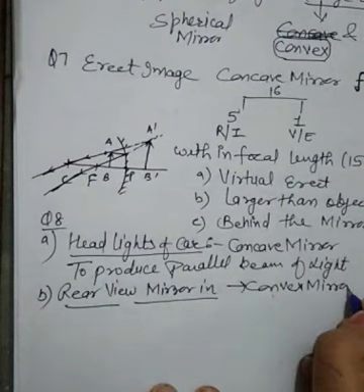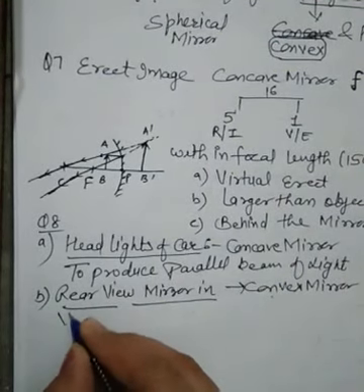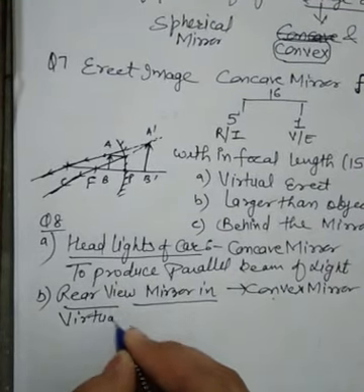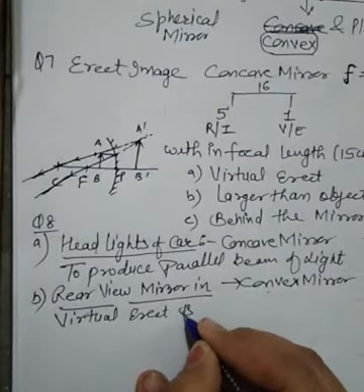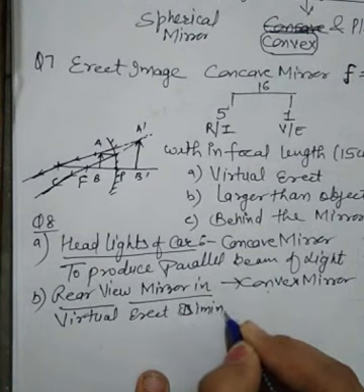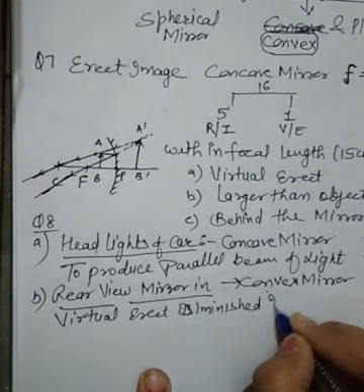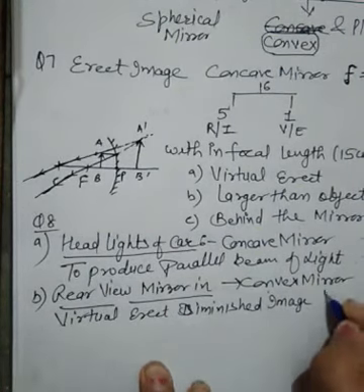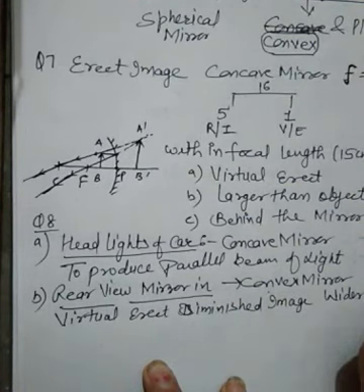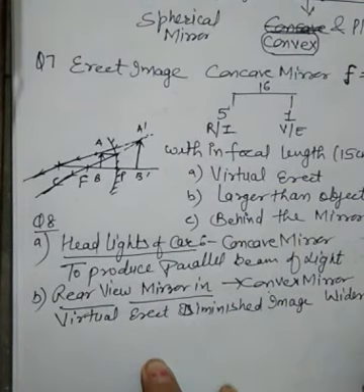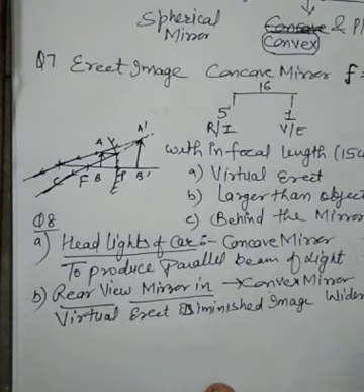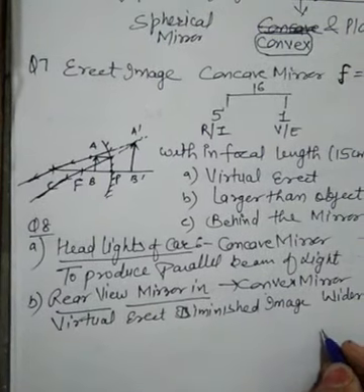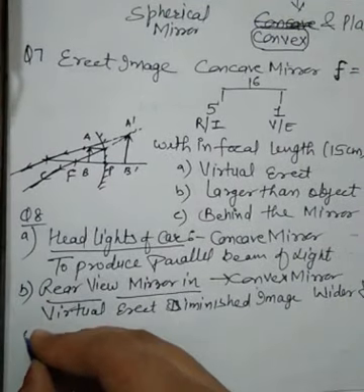Because it produces a virtual, erect, small size image. Small size is termed as diminished. As well as it has a wider field of view, meaning a large number of vehicles can be seen in a small size convex mirror. So the visibility area is more in this case.